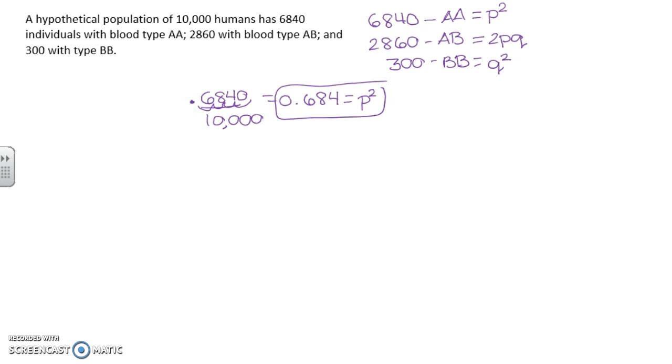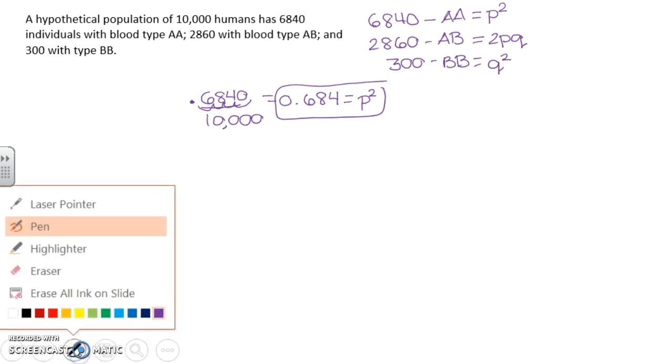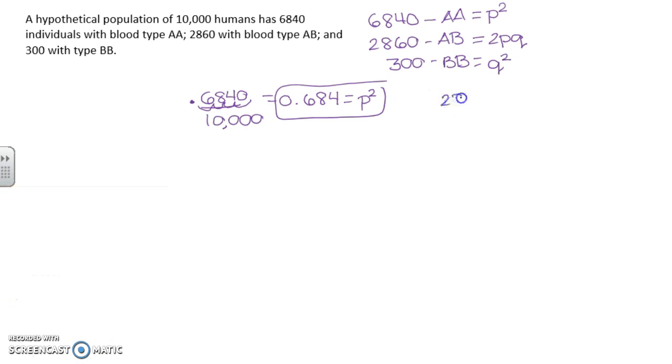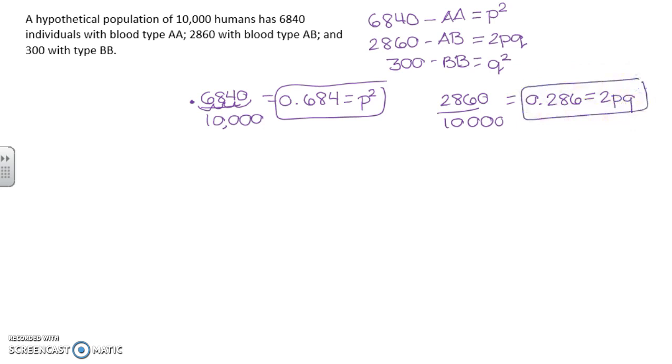I have already that if I do 2860 divided by 10,000, that will be 0.286, and that will give me 2pq. So we figured that one. And q squared is 300 divided by 10,000.